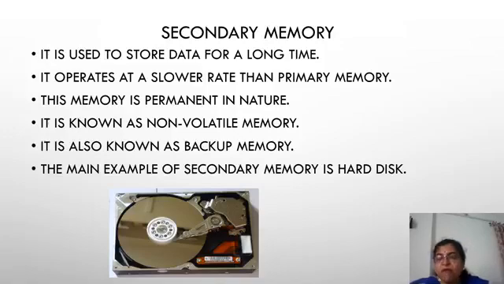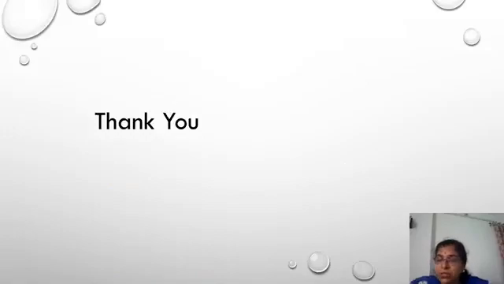With this, we have come to the end of this chapter. In this chapter, we have seen what the memory units are, the measurement of memory units, and how memory is divided into different types, that is ROM and RAM. What are the different variants of RAM as well as ROM memory? What is cache memory?